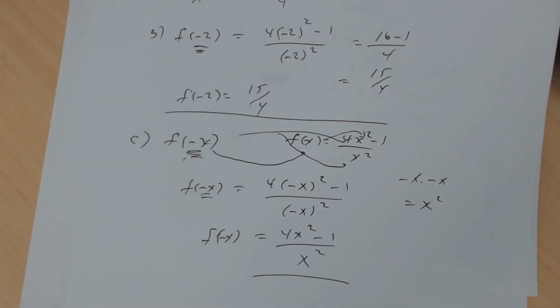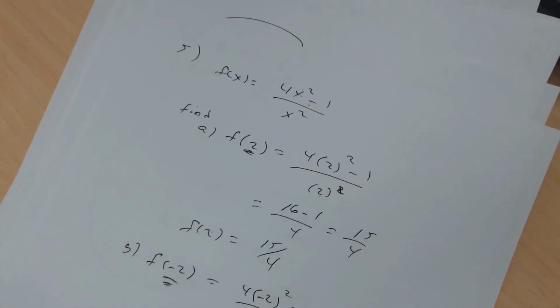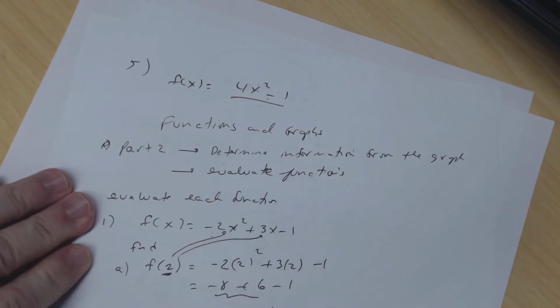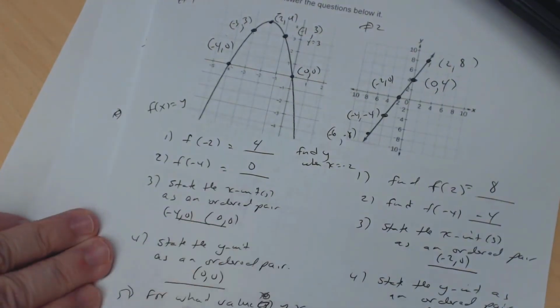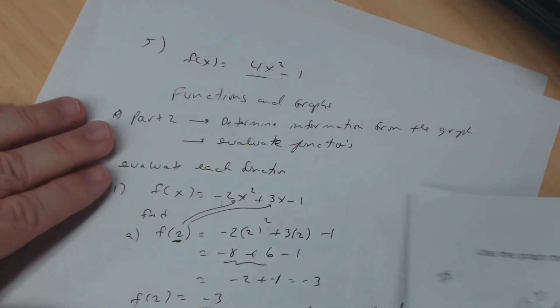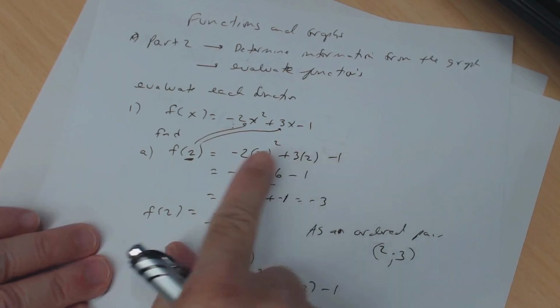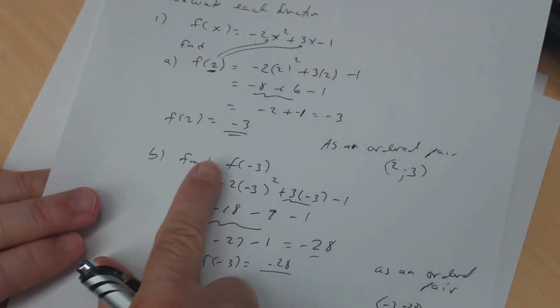All right, that takes care of part 2. Part 2 of this lesson, we can find on the original page. What we did here was, given a graph, you found some information from it. Then you evaluated functions. Given a function, you evaluated that function at different values.